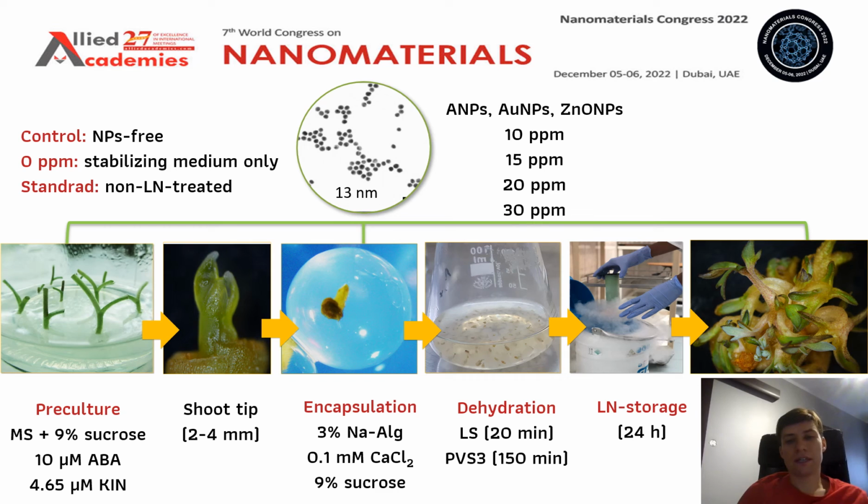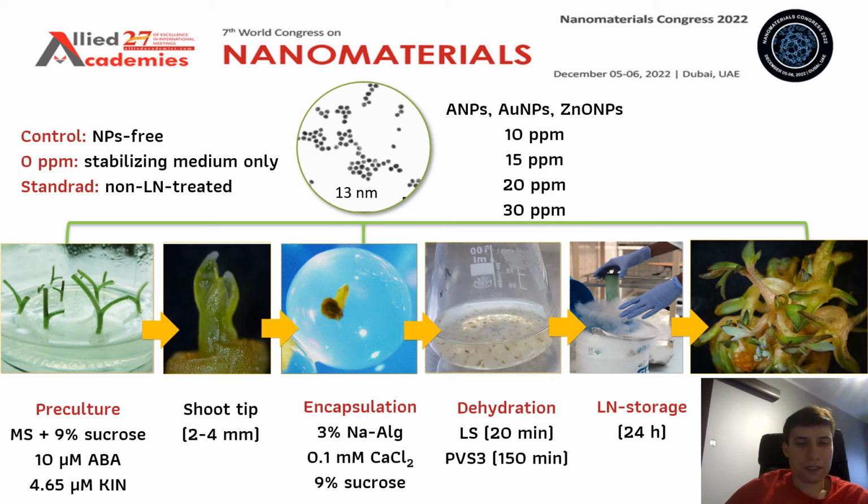And again, we observed some interesting effects because there was indeed a significant impact of nanoparticles on the survival of the stored biological material. However, this effect was dependent on the step of cryopreservation and also on the type of nanomaterials.